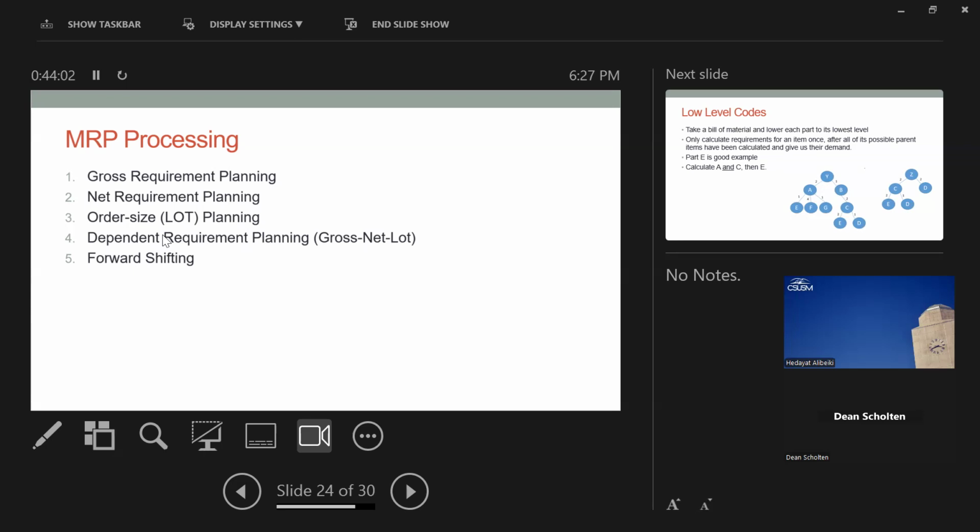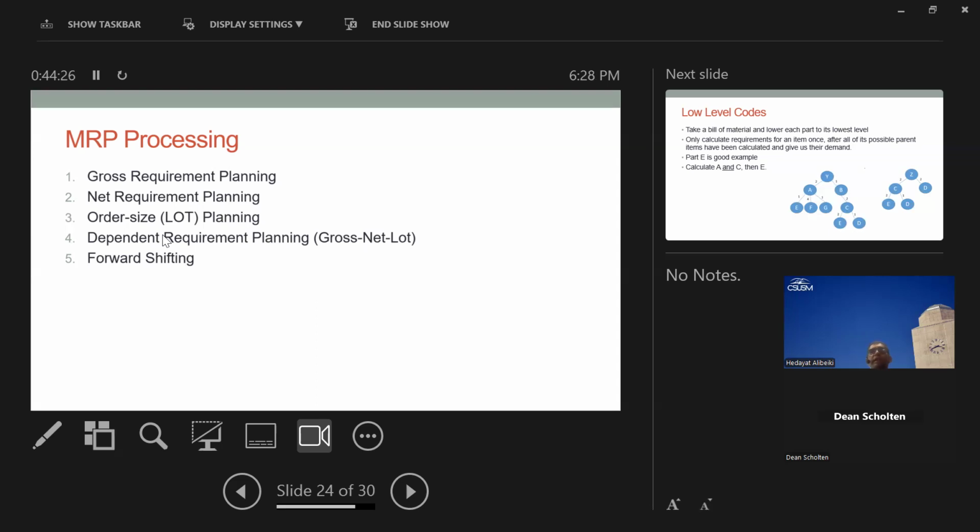Dependent planning, that's basically going to the next level, going to the planning of the next items. Then forward shifting in time: we plan for week one, then week two, then week three.